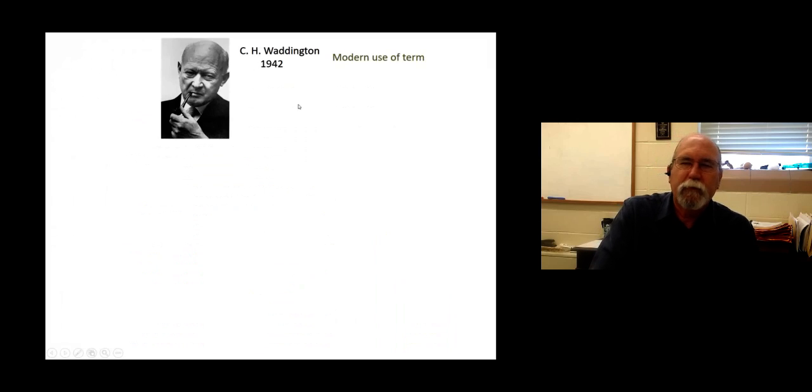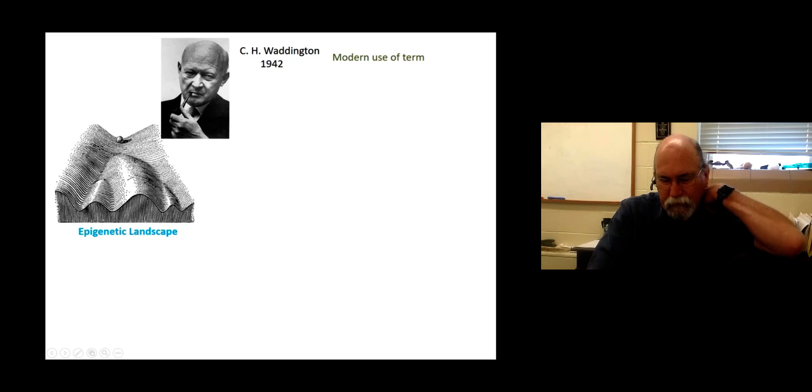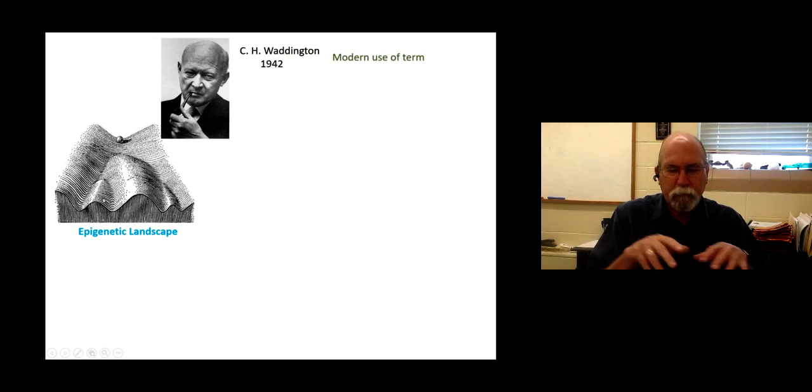Now, the term, at least the modern use of it, goes back to Waddington, who was an embryologist in the UK, very famous. He also did paleontology, a number of things. But his use of it, and actually the modern use, are a bit different, but he introduced the term back in the 1940s. And the idea was that cells would move down these sort of pathways, kind of down troughs, and they could become all sorts of different patterns, right?